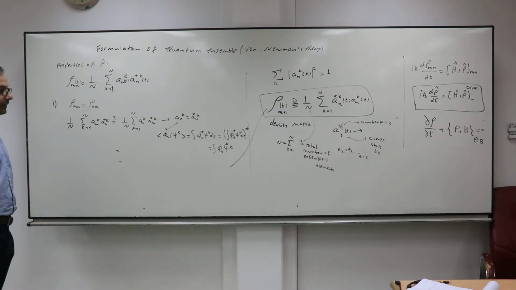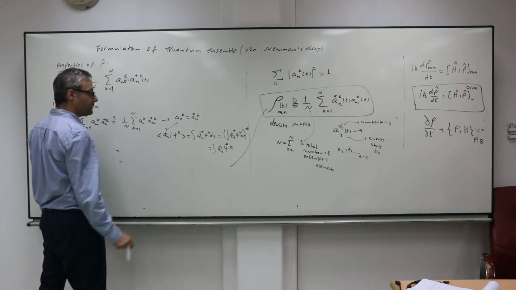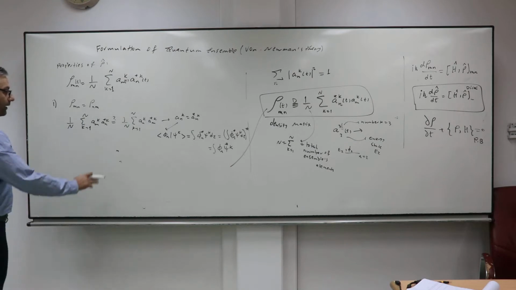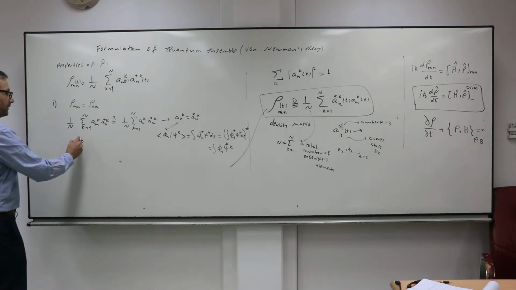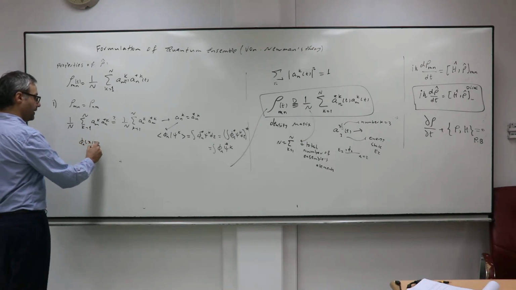So the eigenfunctions must be real functions. In this case, the matrix will be symmetric. For example, we can consider the phi_n like this.